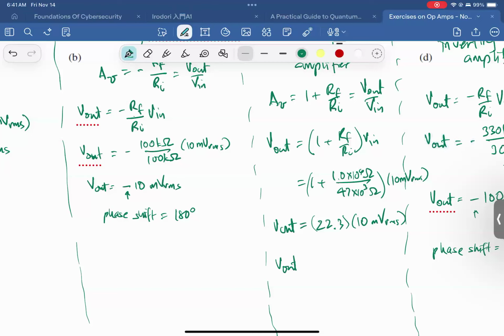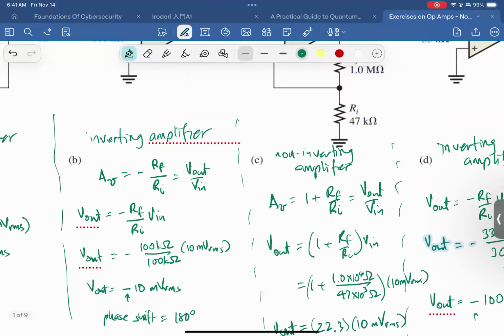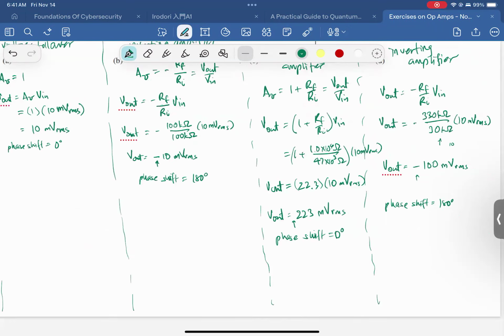So ang V out natin ngayon is 223 millivolts RMS. Okay, and since ito ay non-inverting amplifier, ang phase shift nito is 0 degrees, indicated din by the positive sign dun sa harap ng answer.